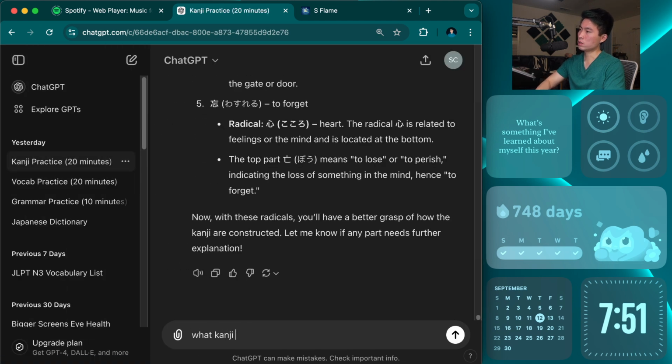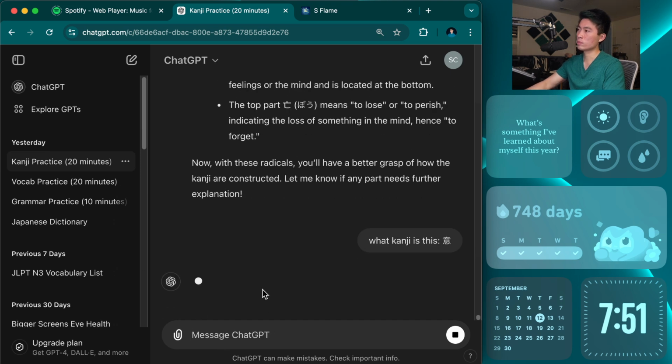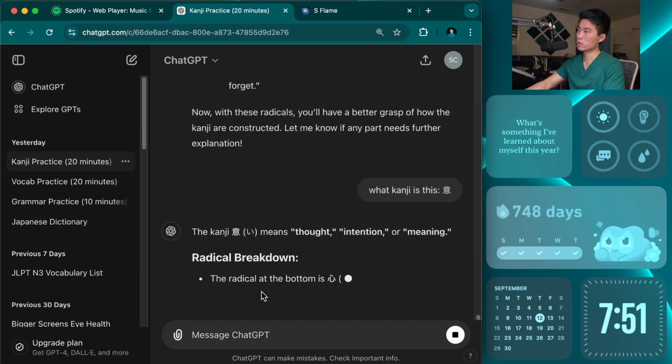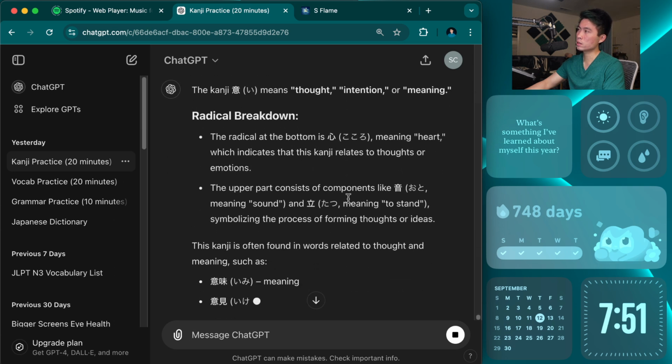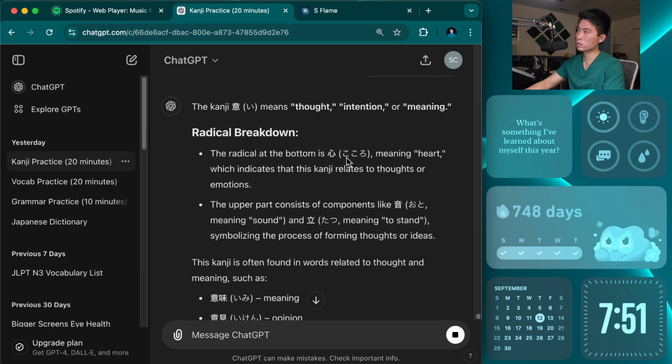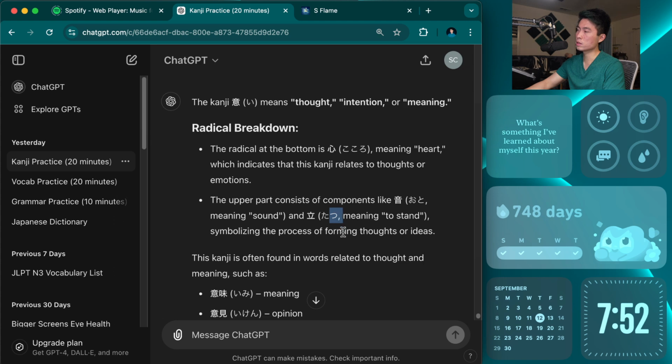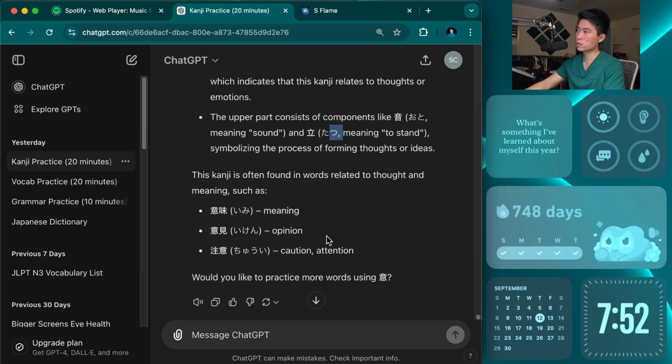What kanji is this? Thought, intention, or meaning. Kokoro, and then we have oto, and then we have tatsu on top of that. Meaning, opinion, caution.